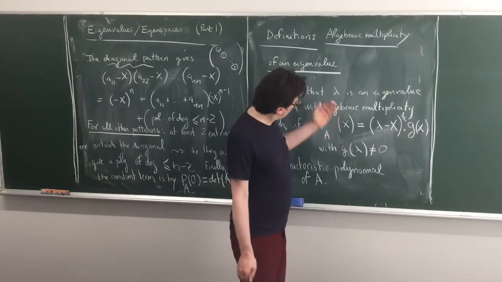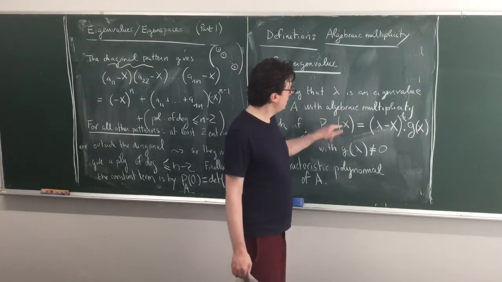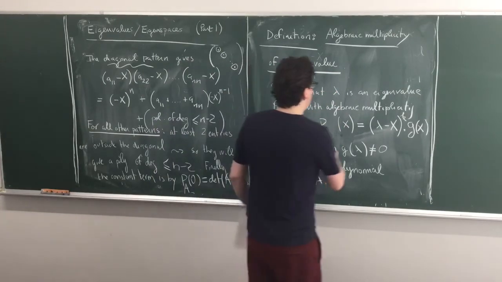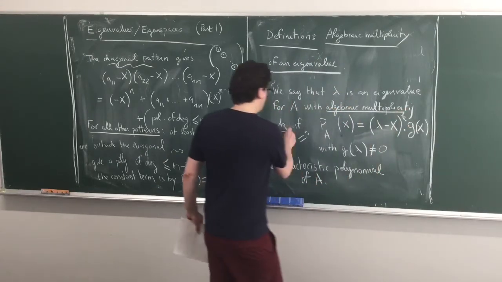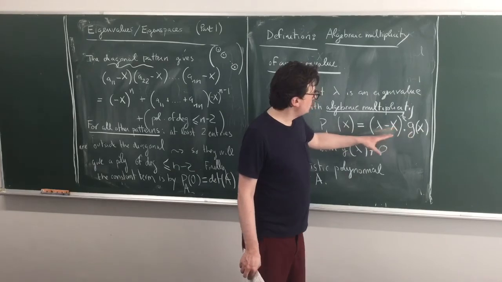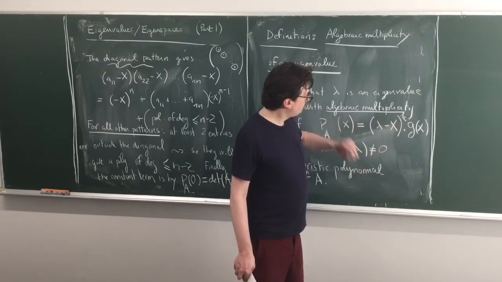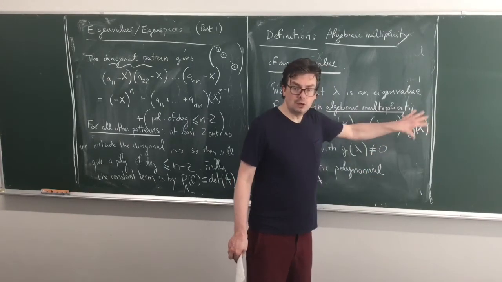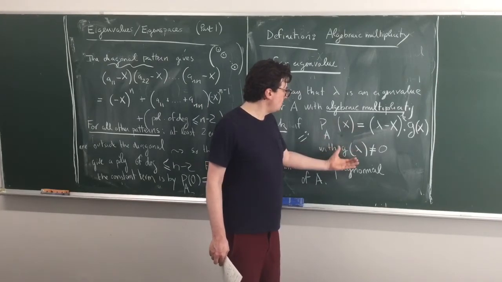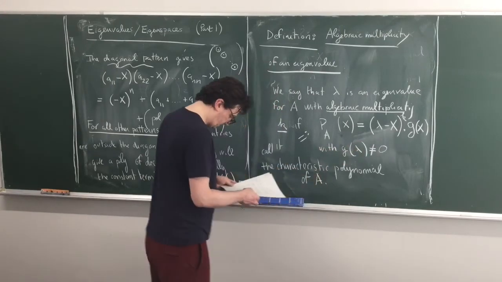The eigenvalues will be all values that make this polynomial equal to 0 when you evaluate x equal lambda. And we will say that lambda has algebraic multiplicity k whenever this characteristic polynomial can be written as a product of (lambda minus x) to the k times some other polynomial g such that lambda is not a root of g, which means that g of lambda is not 0.